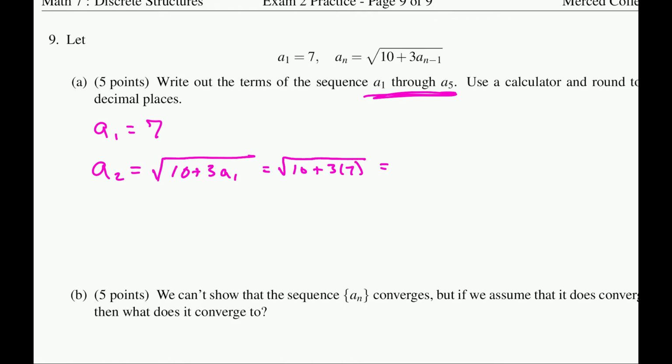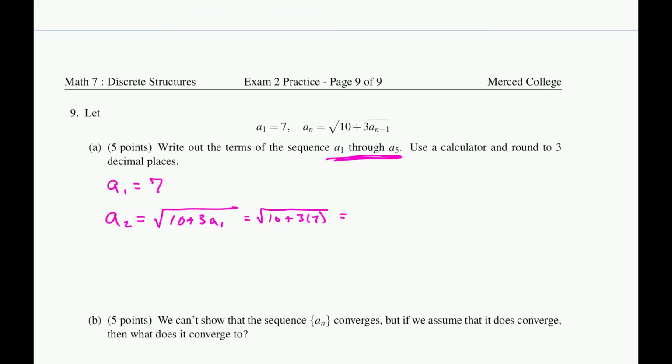I'm just going to use a calculator and round to 3 decimal places, just like I said. So we have a square root. Find a calculator here. Where's the square root? Square root. So 10 plus 3 times 7. So square root 31, which is 5.568 when you round.